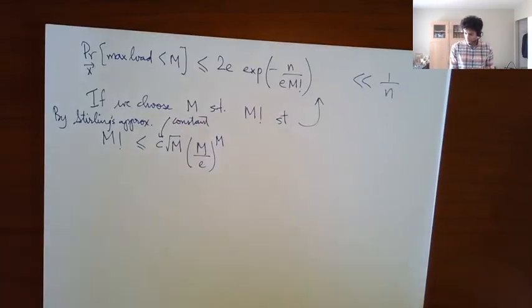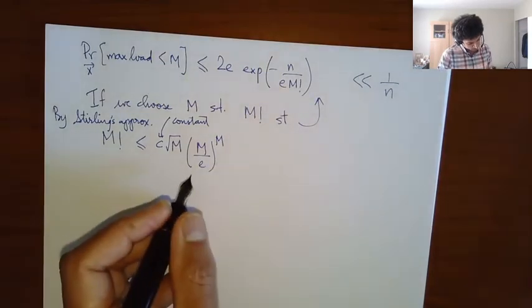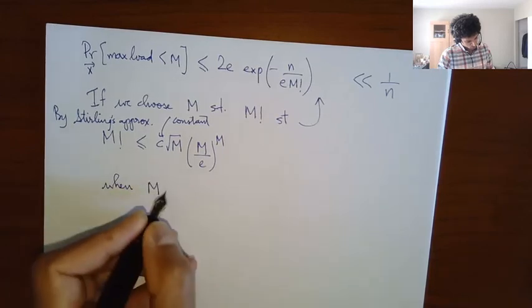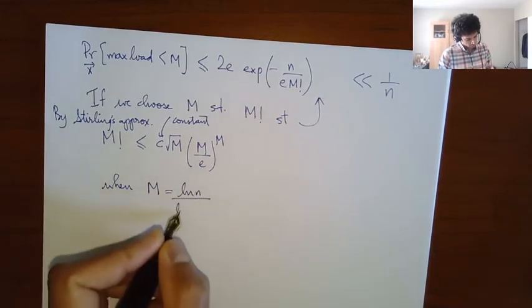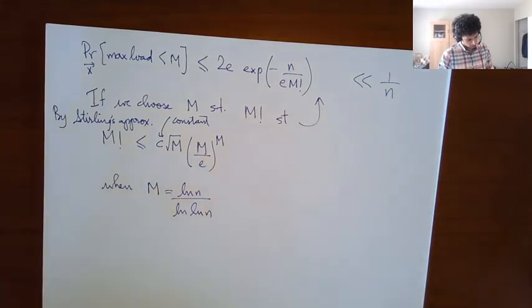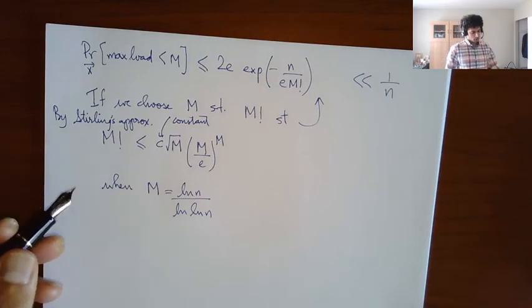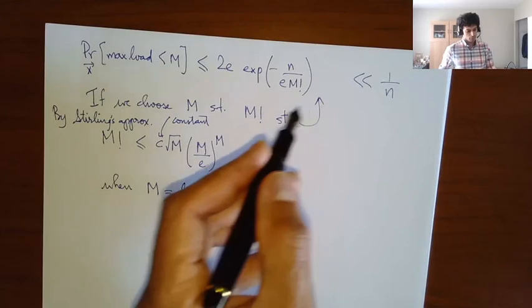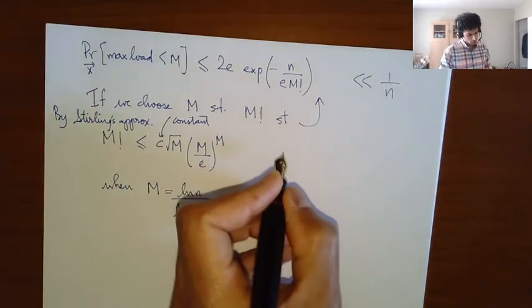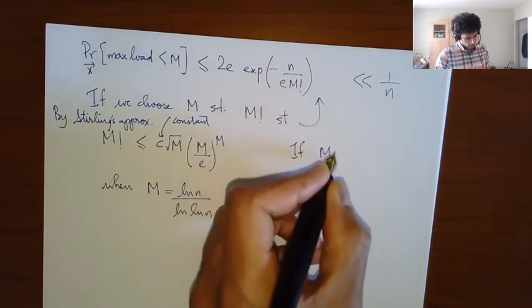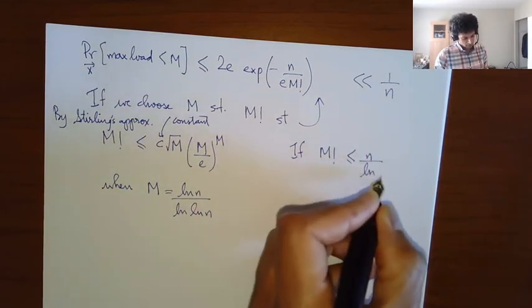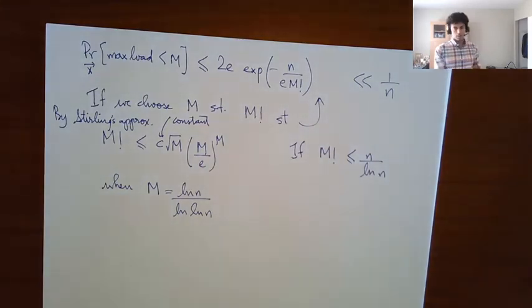So what you get is, when m is log n over log log n, we want to show that if m factorial is small, then this will also be small, as long as m factorial is going to be less than n divided by the natural log of n, then we're done.